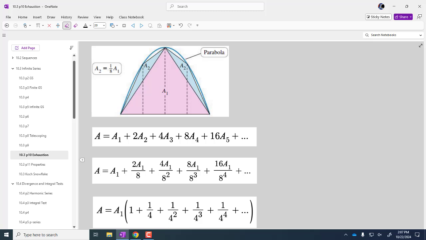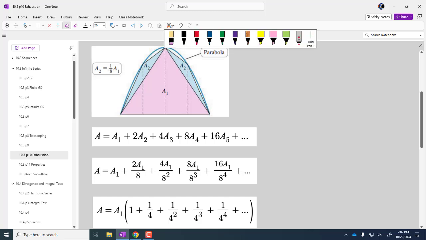And so what Archimedes did to find the area of this parabola exactly was to create a geometric series that was convergent.